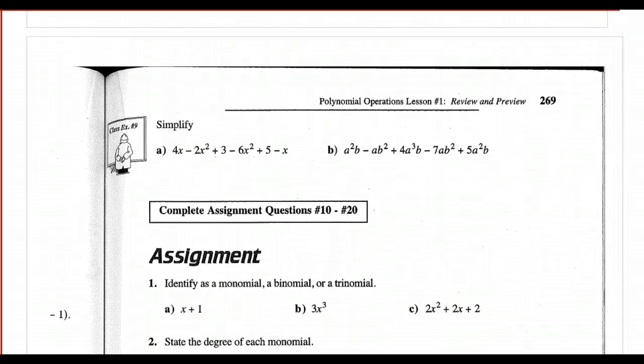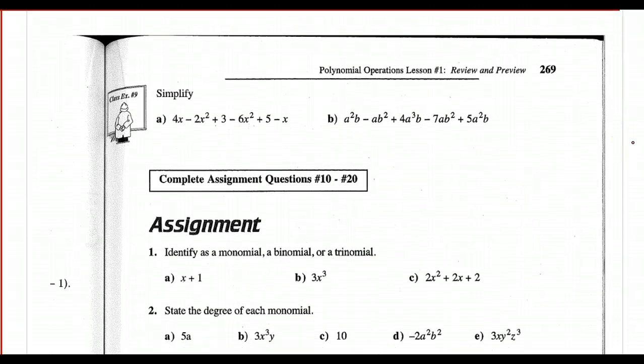Okay, let's do 2 more examples and then we're done. So I have 4x and I have -x here. So I have 4, I lose 1, I have 3x. Now let's go on to the x squareds. You might want to do a little zigzag for those, because they're different. So -2x squared, I lose 2 of them, I lose 6 more, so I'm at -8.